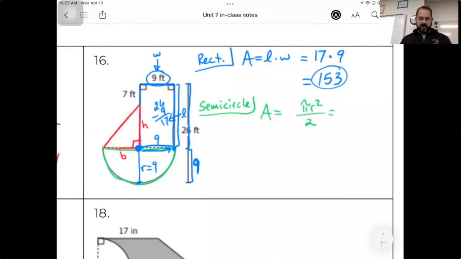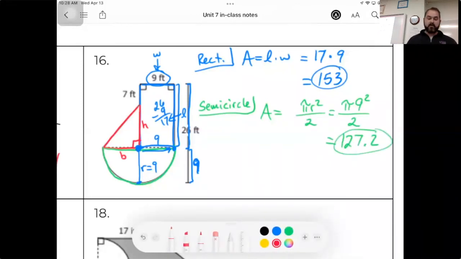So I'm going to take my radius of 9, square that, and multiply by pi, and divide by 2. And I'm going to allow us to go ahead and write that as a decimal. If I do pi times 9 squared and divide by 2, I get about 127.2 for the area of that semicircle.